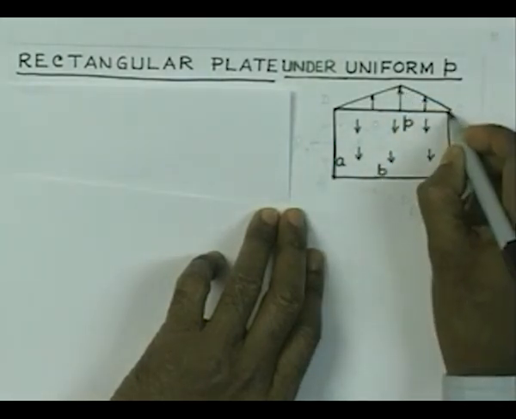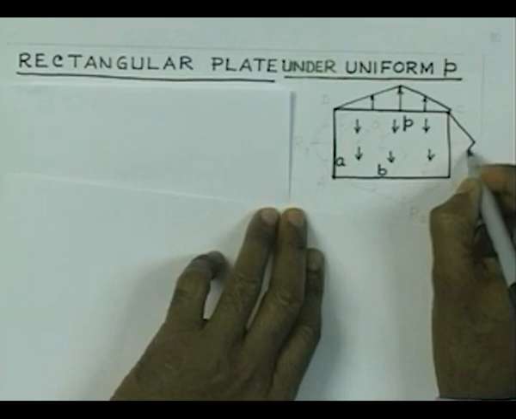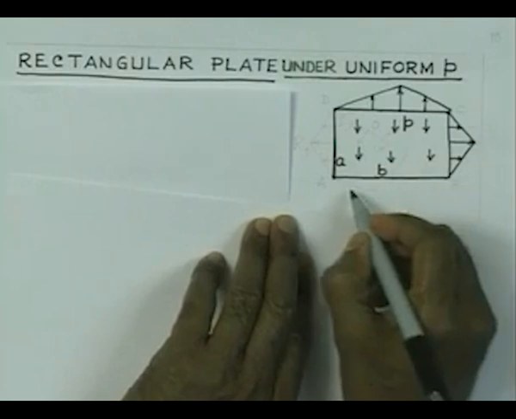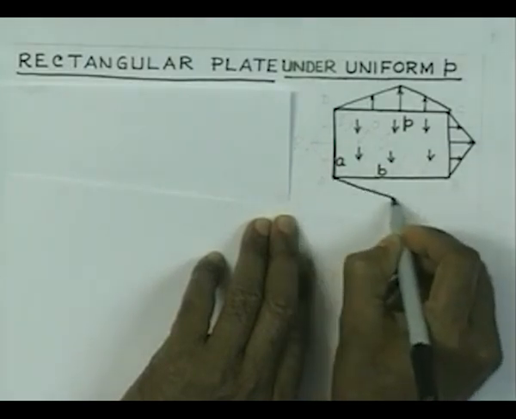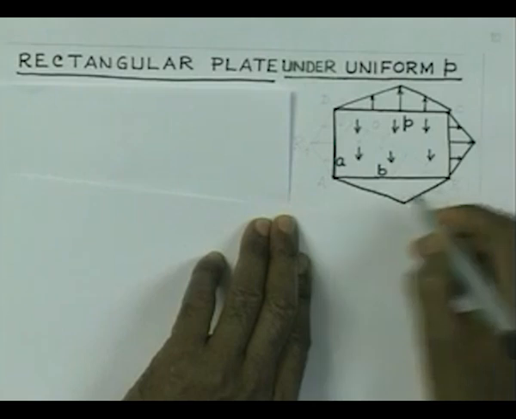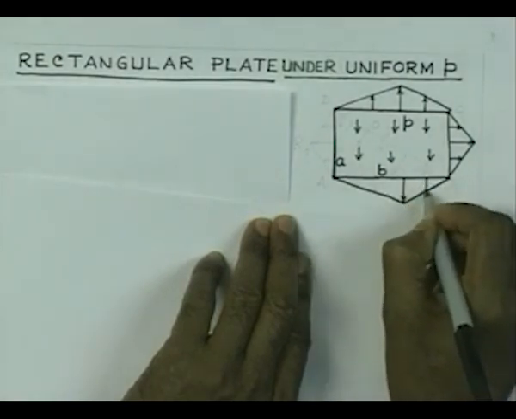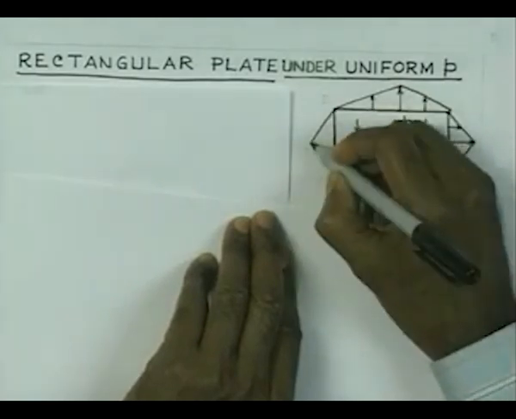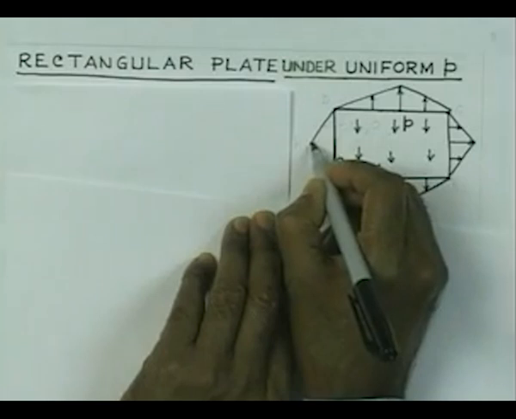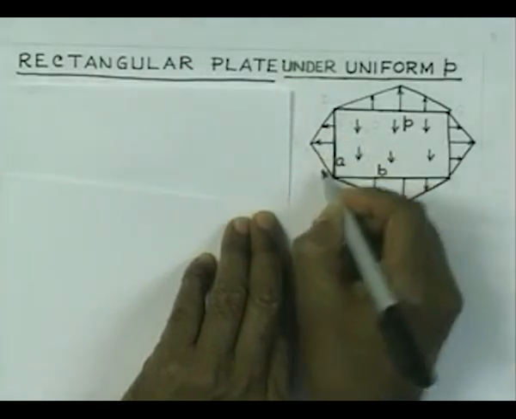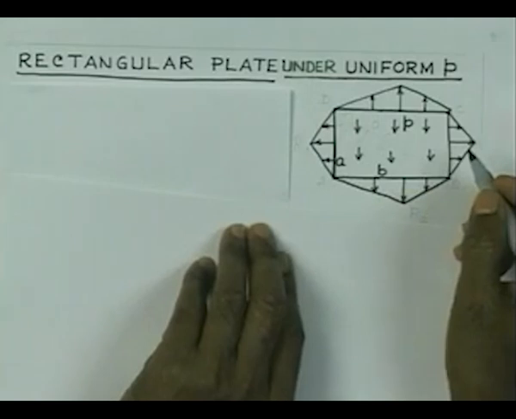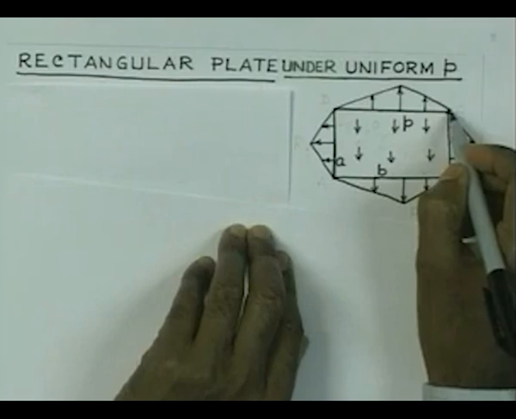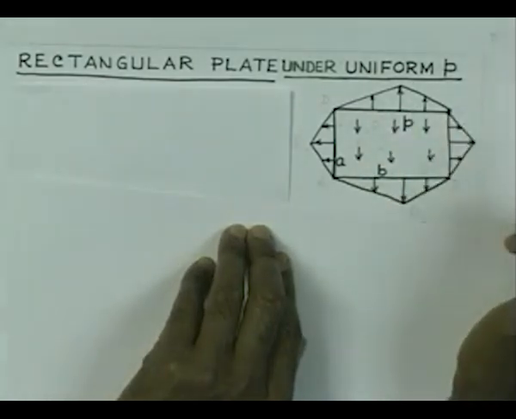Similarly, we are also going to see some distribution of the reaction force over this side, and similar thing will be repeated for the other two sides. We are not really going to find out the maximum of this distributed loading, but what we just assume is that it is going to vary linearly.